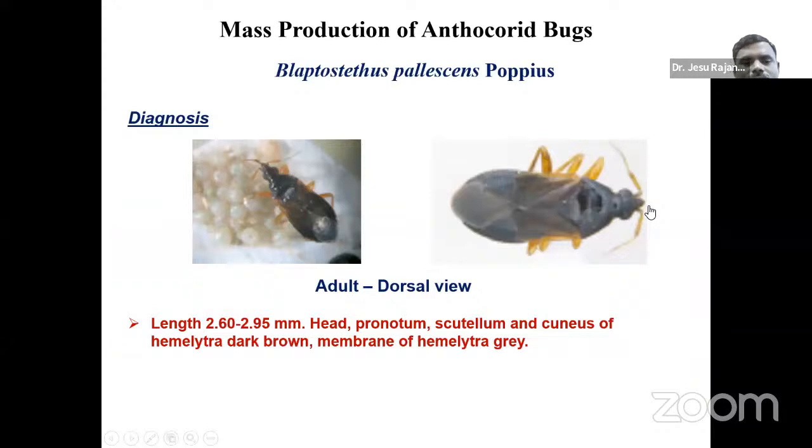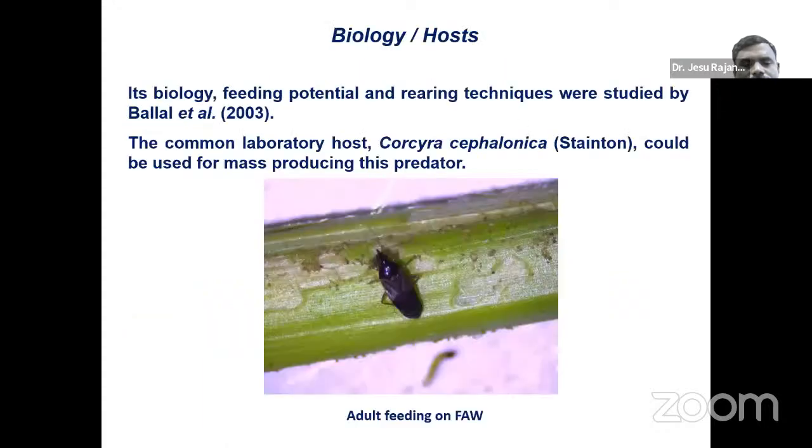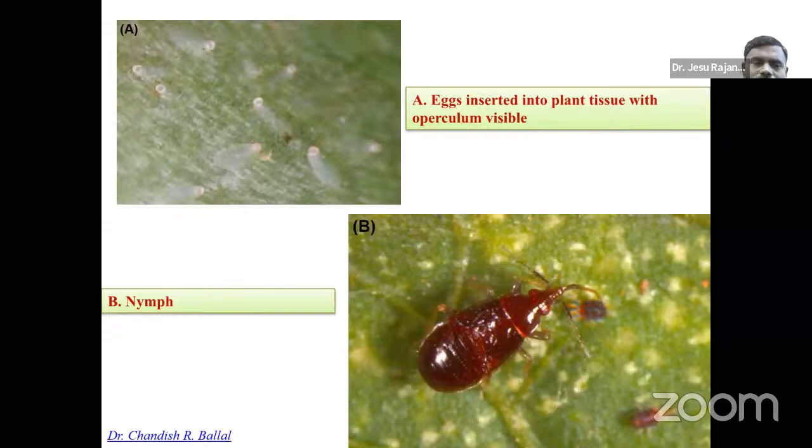So this is the adult of the Blaptostethus species. How is it feeding? Here I'm telling these important points.